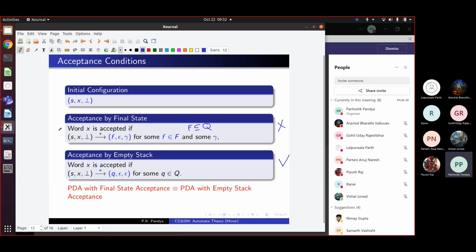So this is called acceptance by final state. This is a different kind of acceptance from empty stack, right? So we have 2 different kinds of push down automata, those which accept by empty stack and those which accept by reaching the final state. These are 2 different forms of push down automata.